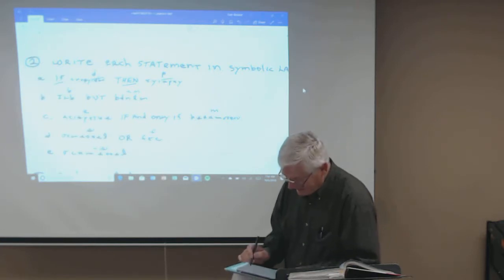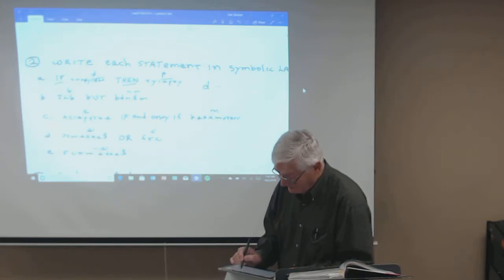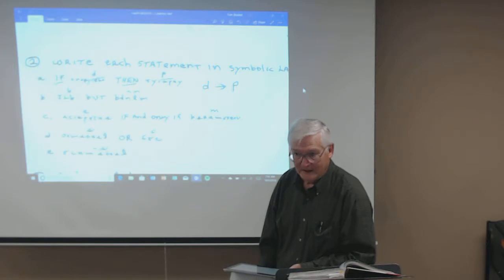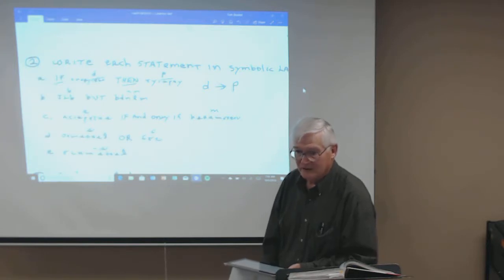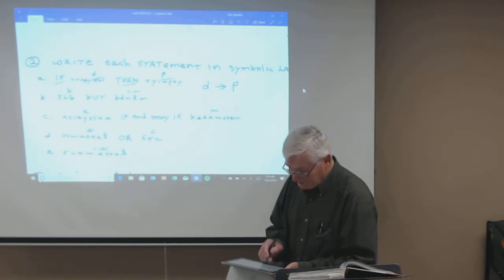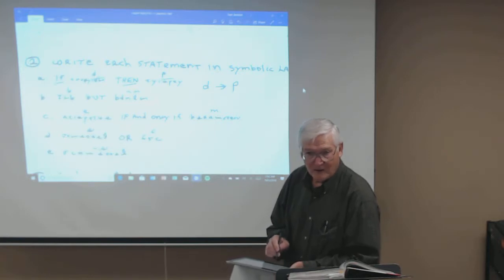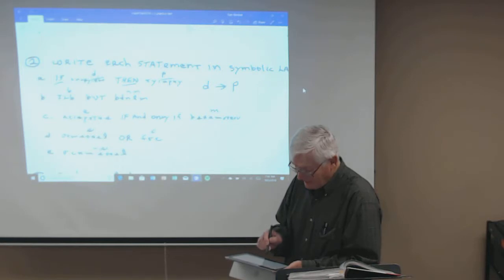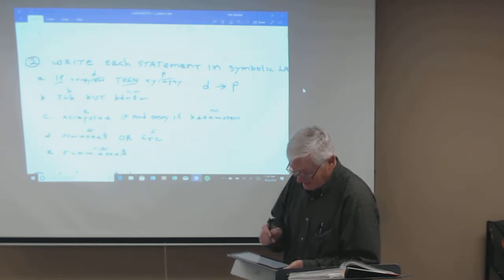So now what do I write out here? If D, then P. Everybody follow that? That's what it means to put it in symbolic language. And does it help to just bunch all those letters together and call them that letter? Because you're looking at the math symbolic language, if and then.